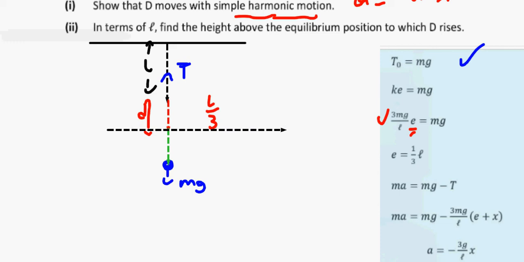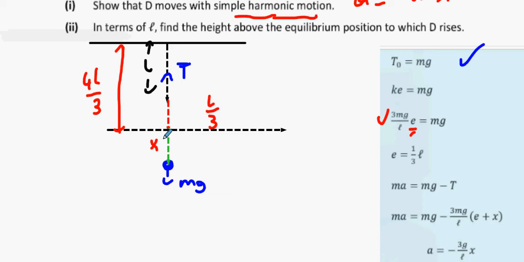Which was 4L over 3? L plus L over 3 is 4L over 3. And now, remember, we're not doing its amplitude, we're just saying its generic distance x. Any distance below the equilibrium position is what we're looking for. Is that okay? So any position under the equilibrium is what we're looking for.